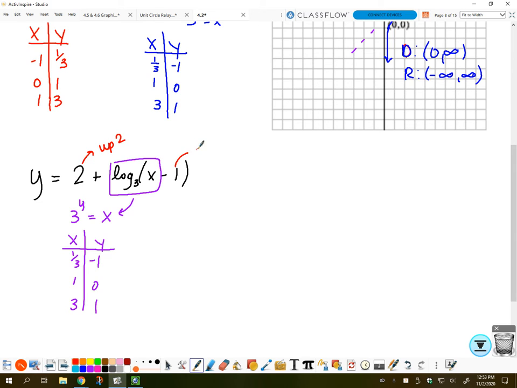And we know this tells me to go right 1, because it's a -1 on the inside. All right, so to graph that, you are going to graph the original.